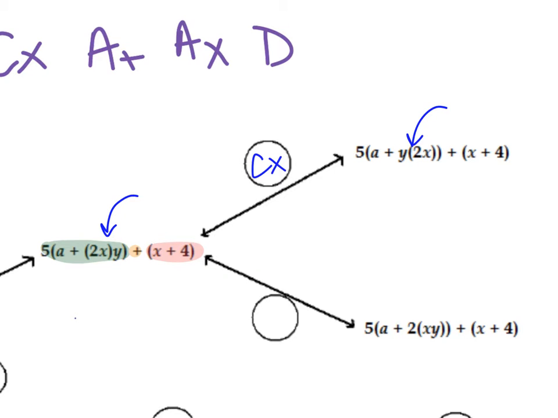Here we have 2x times y. The 2x are grouped together and then the y is on the outside. Here we still have 2 times x times y, but this time the x and the y are grouped together and the 2 is on the outside. So the order still goes 2xy, but the parentheses have changed, which means this is the associative property and these things are being multiplied, so associative of multiplication.